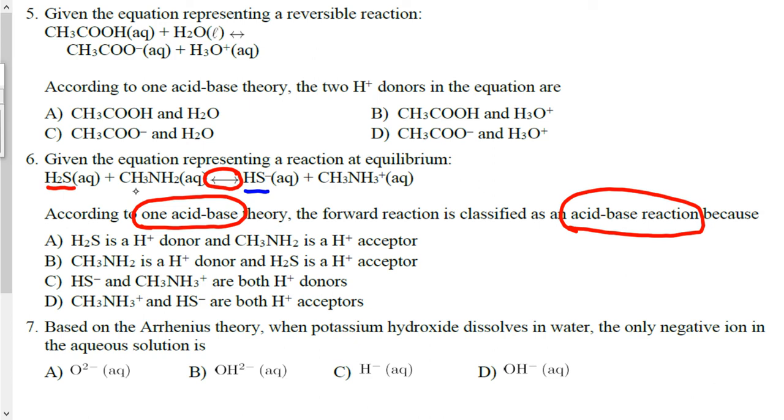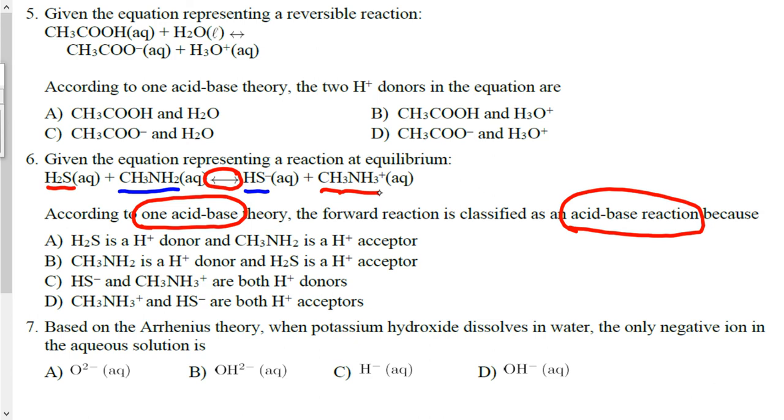On the other side, we have CH3NH2. After the reaction, what happened? If we compare this, we have CH3, same as before, but instead of NH2, we have NH3 plus. So it seems like the CH3NH2 gained the same exact proton that was donated by H2S.